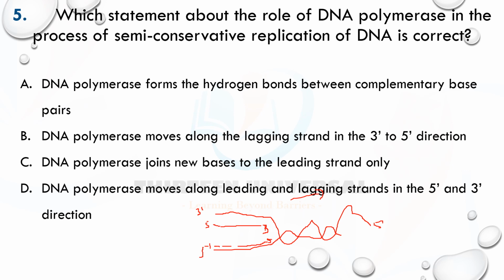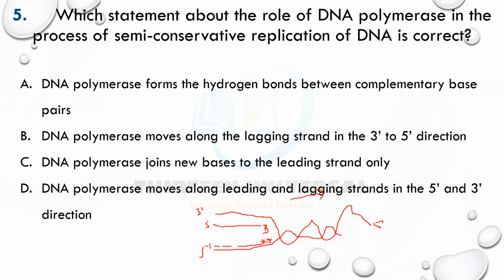So what I'm trying to say is, guys, watch this. This says DNA polymerase moves along the lagging strand in the 3 prime to 5 prime direction. The lagging strand is made using the 5 prime to 3 prime template strand. The lagging strand is this one now, made out of Okazaki fragments.